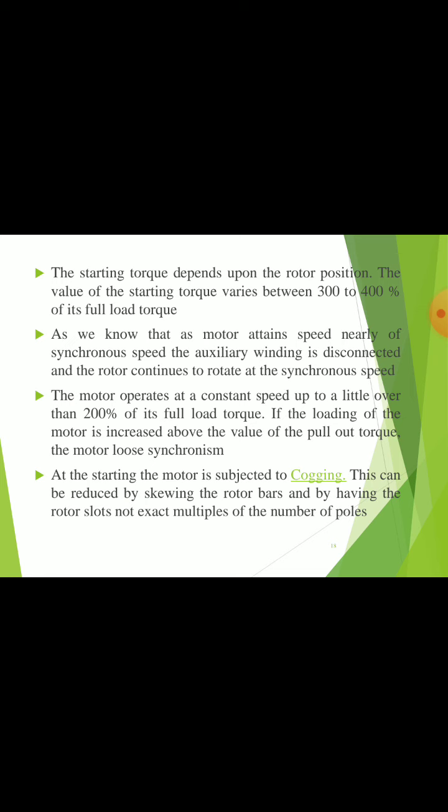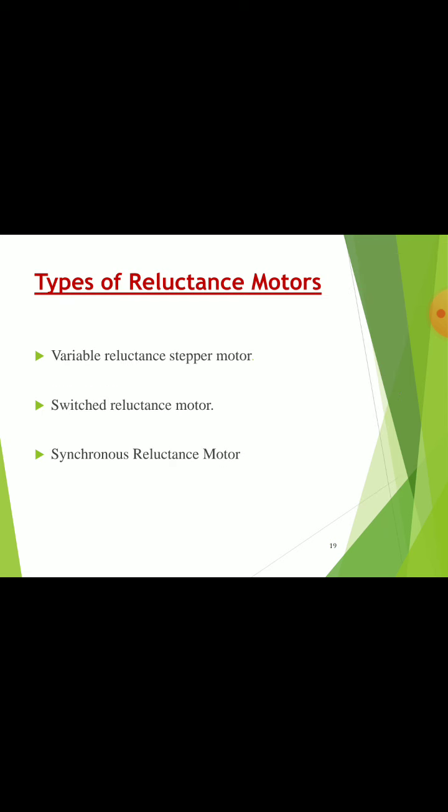All these points we have already discussed, so we just go through them. Now, what are the types of reluctance motors? First, the variable reluctance stepper motor, then the switched reluctance motor, and the synchronous reluctance motor. The variable reluctance stepper motor we have already discussed.